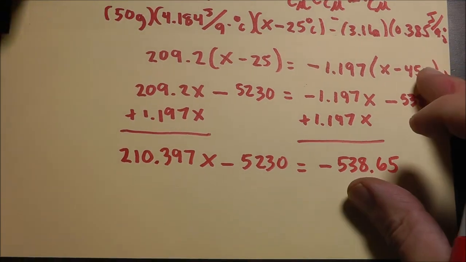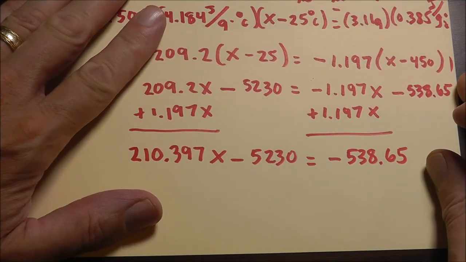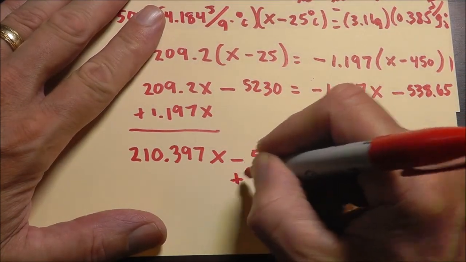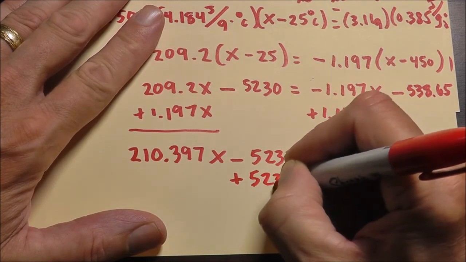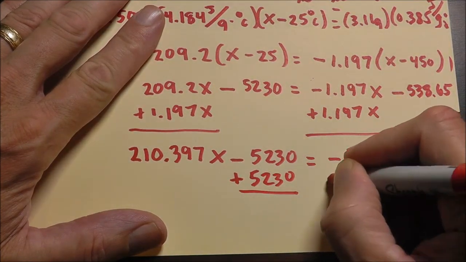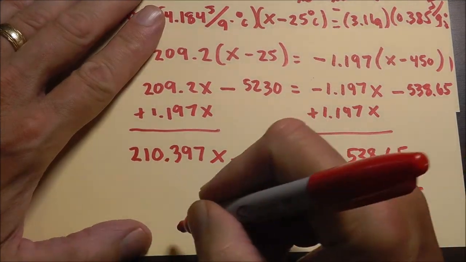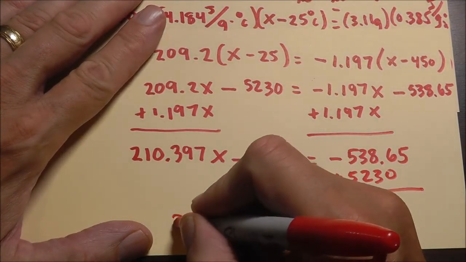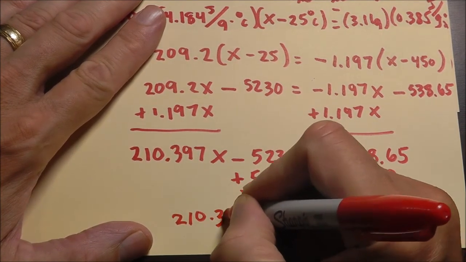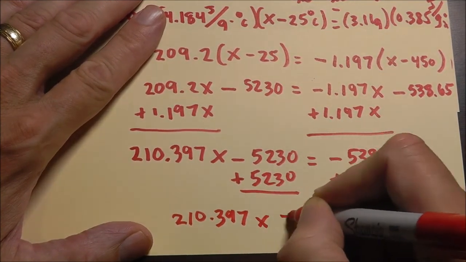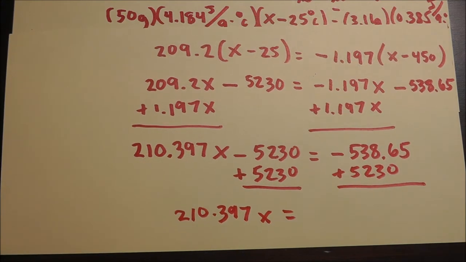And then, hang in there. So what I'm going to do is add to both sides 5,230, and now we end up with 210.397x equals, I don't know yet.